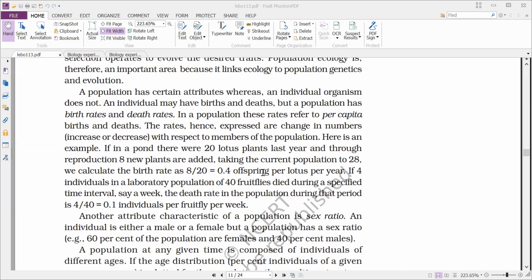The death rate is 4/40, equal to 0.1. That means for every one individual, 0.1 individual has undergone death. These are the examples.